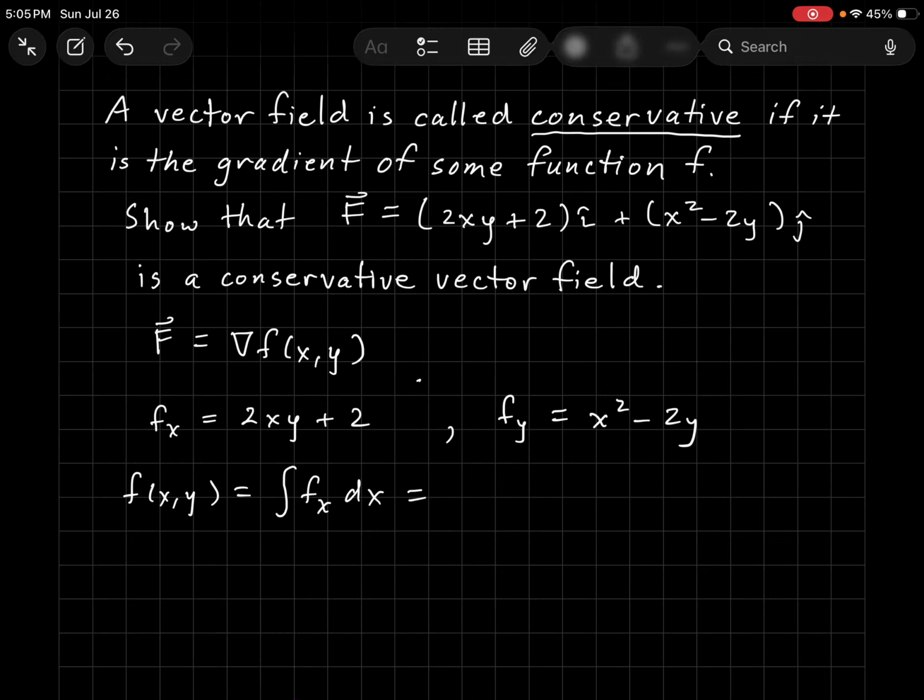So if I reintegrate this with respect to x, we get x squared y plus 2x. Now I'm not done yet, because I have to assume there's also some function strictly of y, or at least there could be, right? Because if I take the partial of this thing here with respect to x, anything that has y's only would disappear.